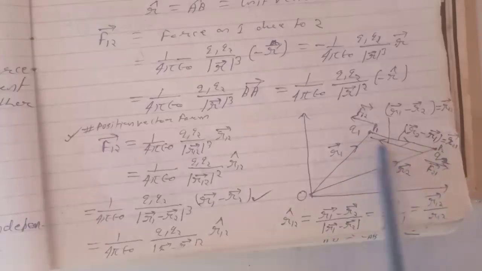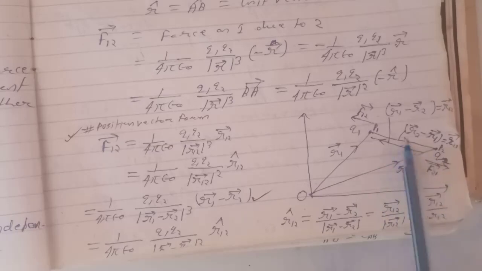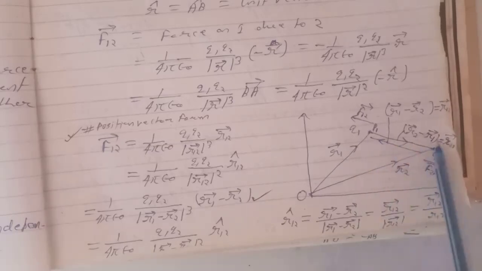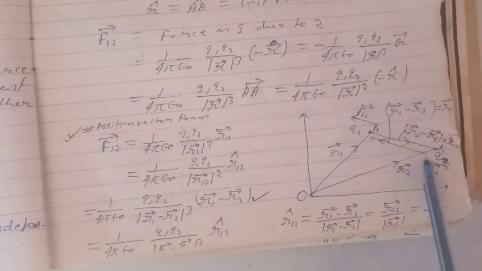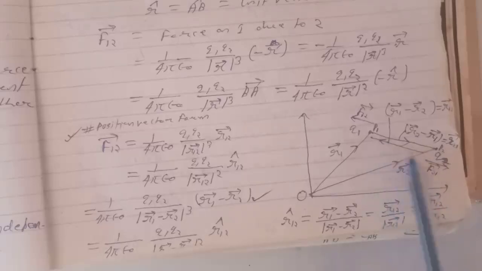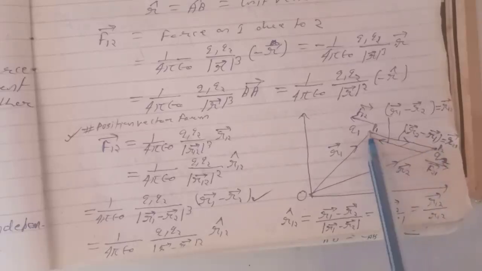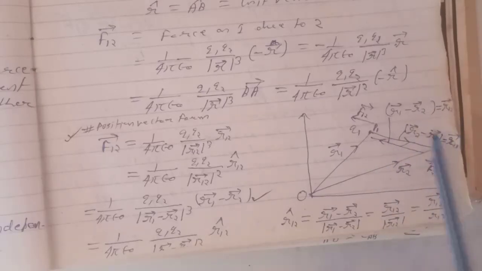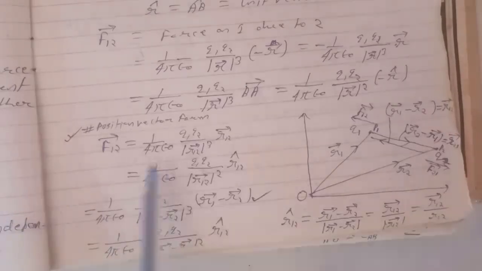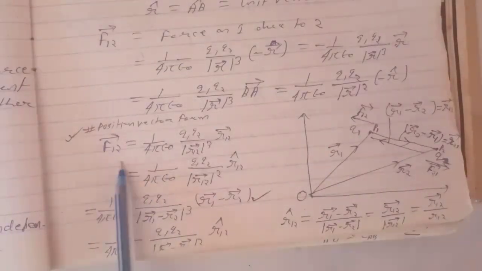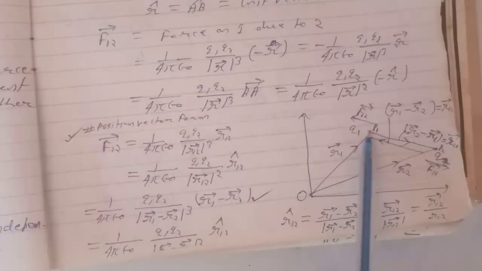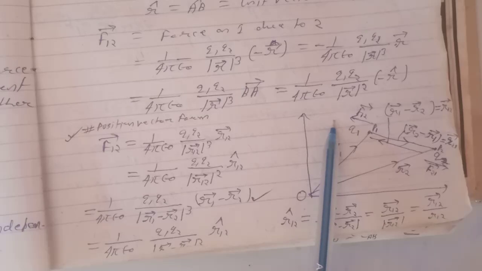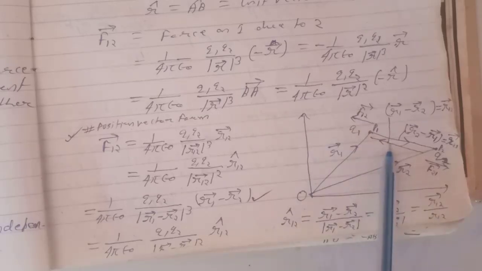Then delta R in this direction will be R2 minus R1, written as R21, and this vector in the other direction will be R1 minus R2, R12, by vector addition rules. So we can write the force on 1 due to 2. Because the force on 1 is a repulsive force, its direction is this way, so we have to write this vector.